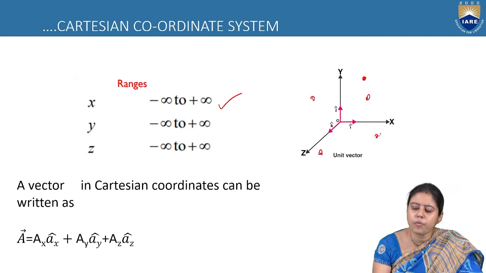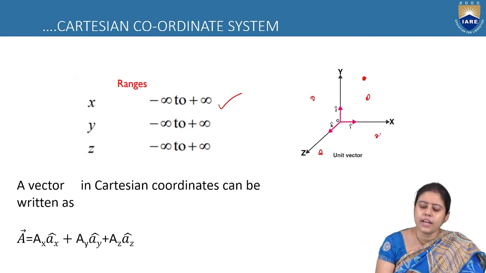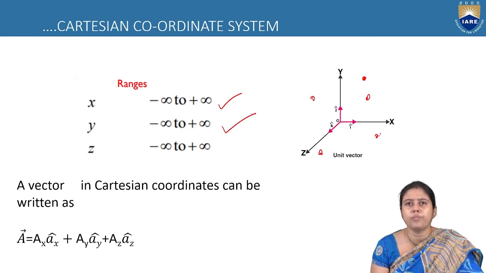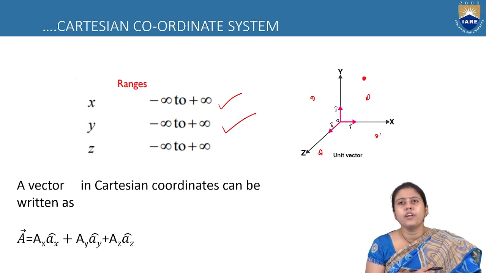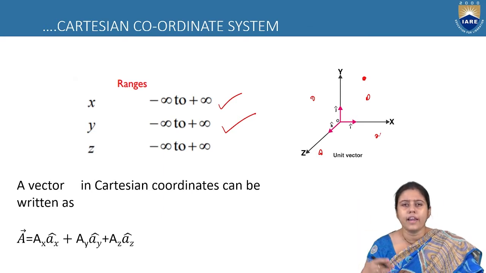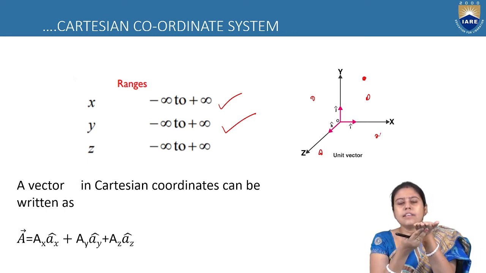What is the range of y? The y axis can also change from minus infinity to plus infinity. And for the z axis, sometimes we wonder what negative height means. Negative is nothing but anything underground.